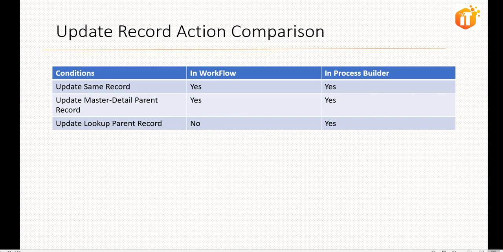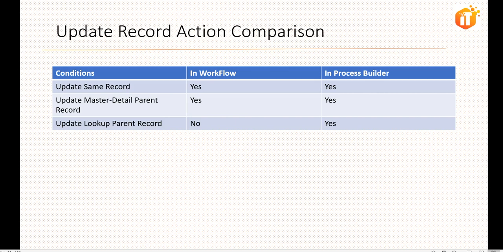So without wasting any time, go to your org and create a process builder. Hope you have created all the criteria prior. Now just go and shoot in all the actions that we have practiced. N number of times you can practice it. Till the next video, you should be able to clear yourself on what we can do with the help of a process builder.